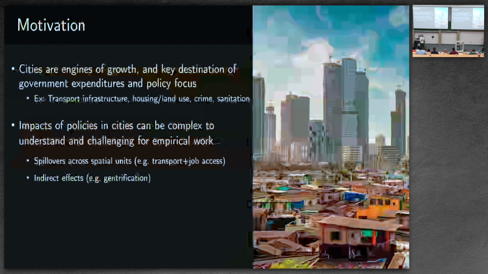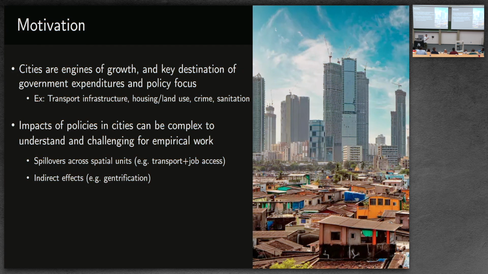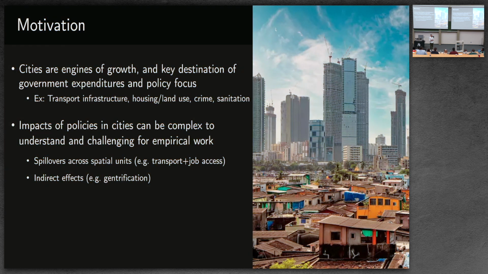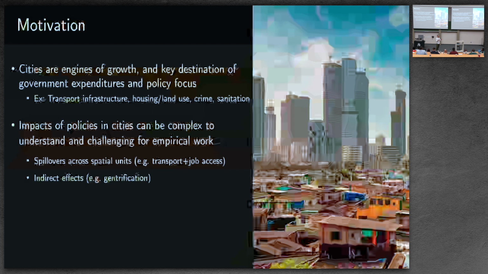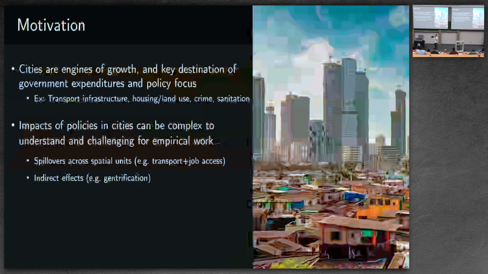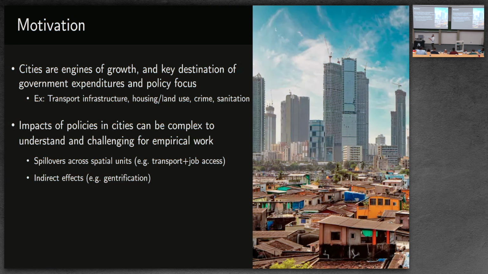So what does this mean for our empirical analysis? Well, if we wanted to measure the effect of this transport policy, we'd typically look at outcomes for people who live within 500 meters of one of these new stations and compare how they changed with people who live further away.